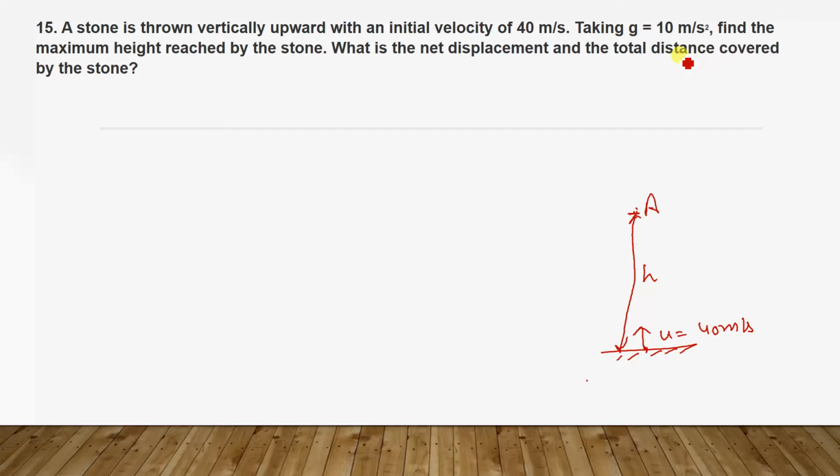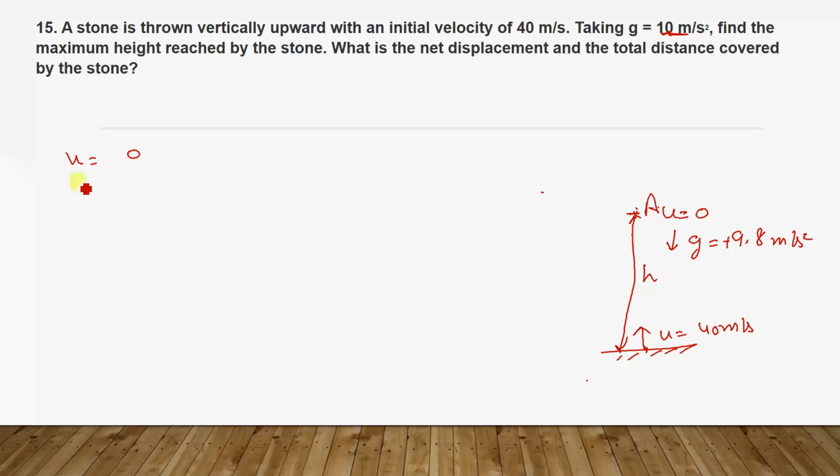Stone is thrown. From thrown we understand that at the highest point, from here it is thrown, so we will take u as 0 and it is moving downward. So we will take g as plus 9.8 meter per second square. But here it is given that we are to take g as 10, so we will take it as 10. So let's write what are the various things given.